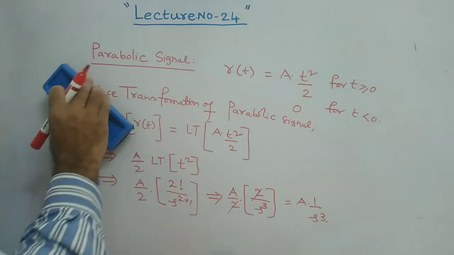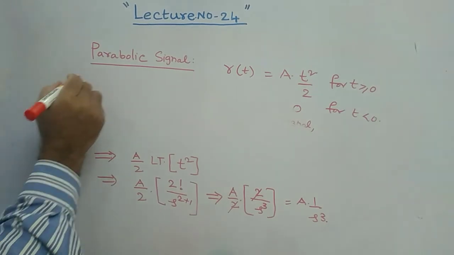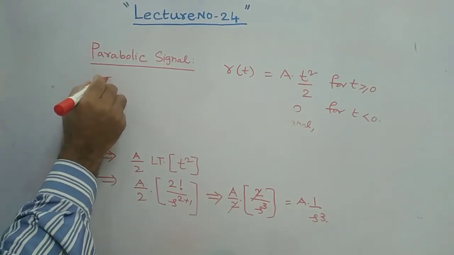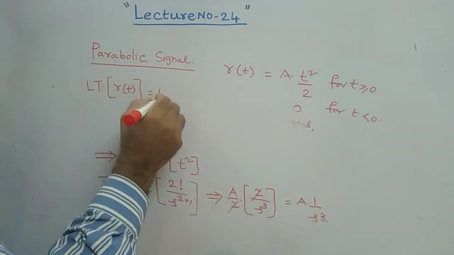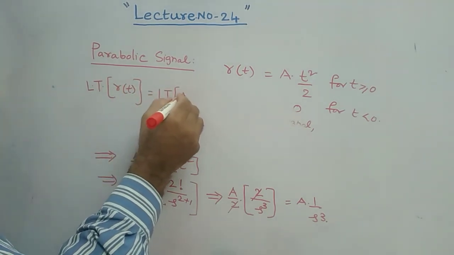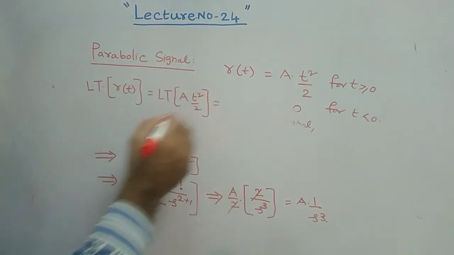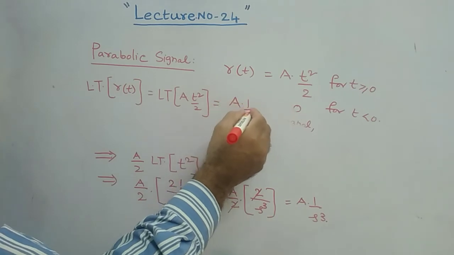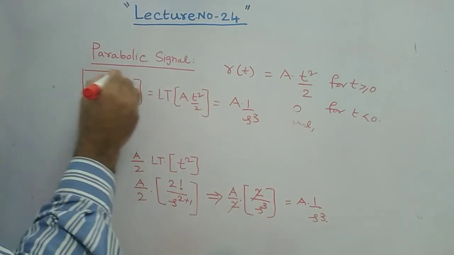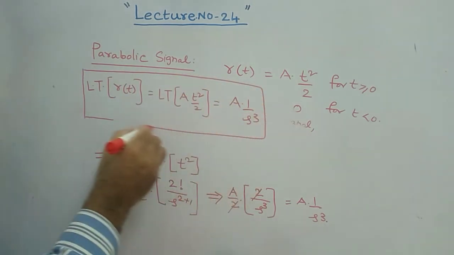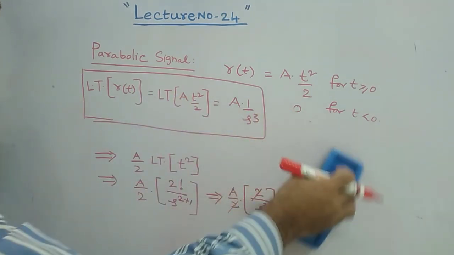Therefore, the Laplace transformation of r(t), which is the Laplace transformation of a into t square by 2, is directly a into 1 by s cube. Okay, this is the answer.